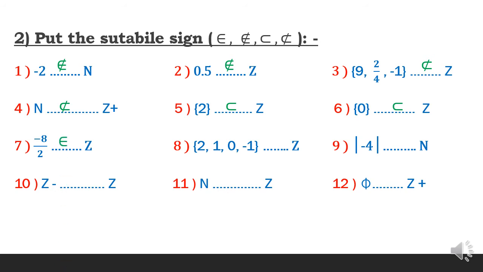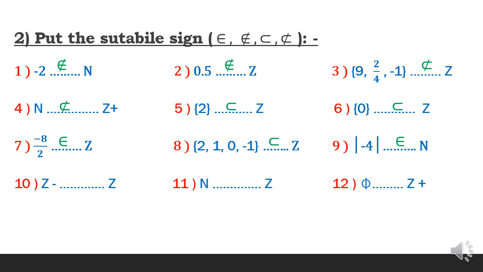Negative 4 belongs to Z. 2, 1, 0, negative 1 to Z, subset. Absolute of negative 4. The absolute value is always positive, while 4 belongs to natural numbers.